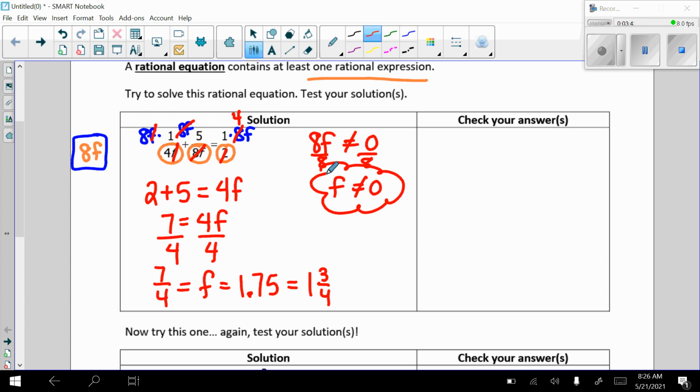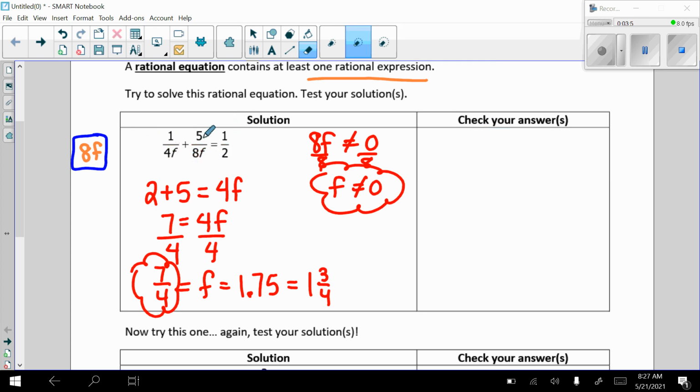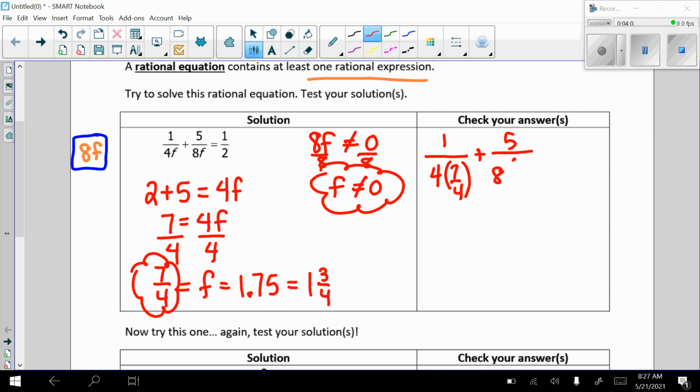And now if we were going to check this, we would substitute this value into our original equation. I'm going to erase that so we can see. And so we would have 1 over 4 times 7 over 4 plus 5 over 8 times 7 over 4 equals 1/2. And let's see what happens here. Well, 4 over 4, they cancel out. 8 over 4, they reduce.